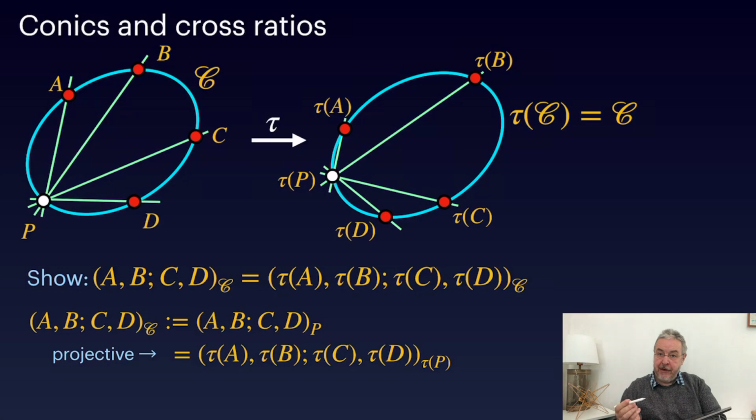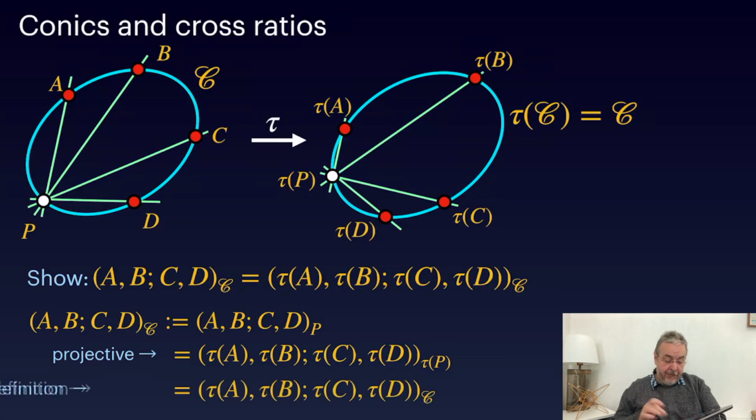And if we have a projective transformation, the incidence cannot be altered. So if a point is incident to the conic before the transformation, it has to be incident after the transformation as well. So our tau of P is a point on a conic, and by this, just by the definition of how we defined the cross ratio of 4 points on a conic, it defines the cross ratio we are looking for, and by that we get exactly the equation we were looking for.